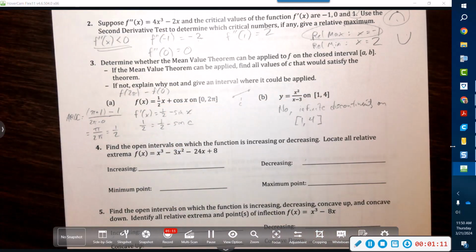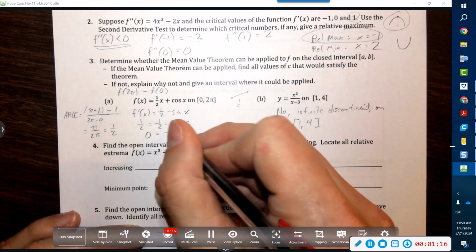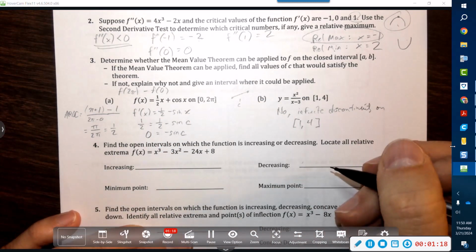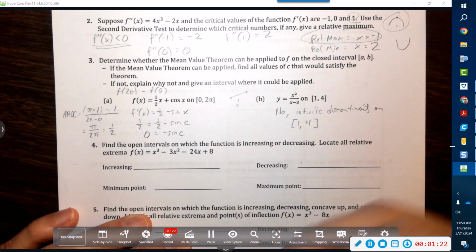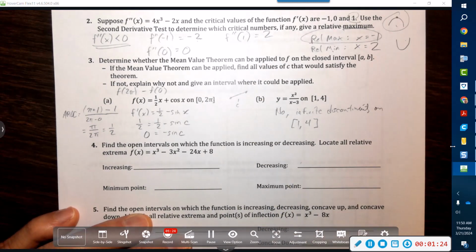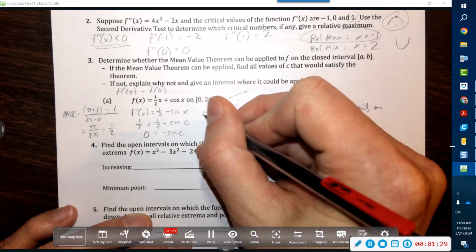Okay. So now I'm going to subtract 1/2 from both sides. I get 0 equals negative sine c. We'll divide by -1. You get 0. The only place where sine is 0 from 0 to 2 pi is at pi. So c equals pi.